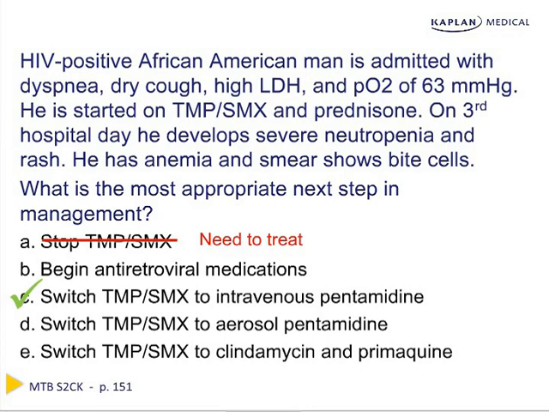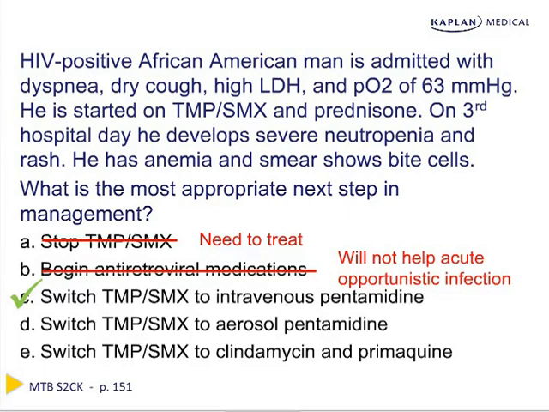Beginning antiretroviral medications should be done eventually, but they will not help with an acute opportunistic infection. Switching the patient's current therapy to aerosolized pentamidine is not correct because you must use IV therapy for active disease. Lastly, answer E is also incorrect because primaquine is contraindicated due to the patient's G6PD deficiency.